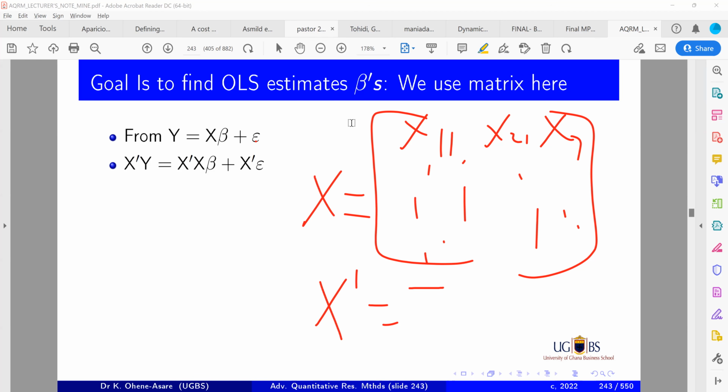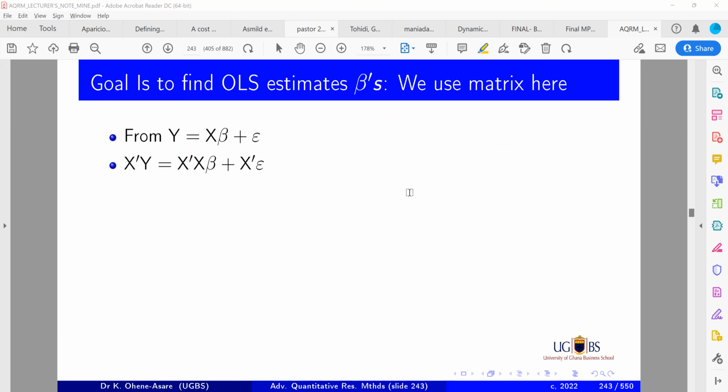If it was horizontal, I'm turning it into vertical, and if it is vertical, I'm turning it into horizontal. I let the rows shift to become columns and the columns shift to become rows. That's a matrix. I can do something to this model again. Given this model, I can now multiply through again by (X prime X) to the power of -1.